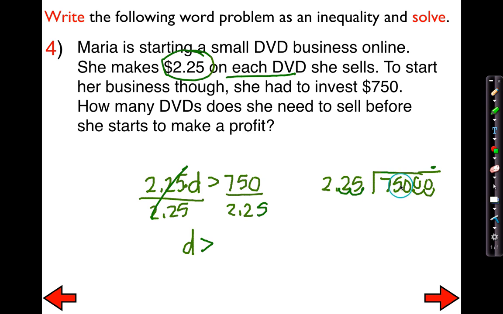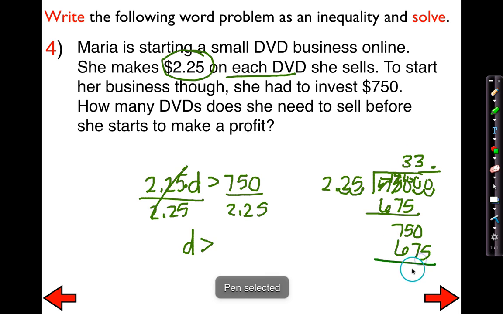225 can go into 750, let's say about 3 times, which is 675. So this is going to leave me with 75. Now this can go into that, let's say, also 3 times, which is 675, which is going to leave us with also 75.